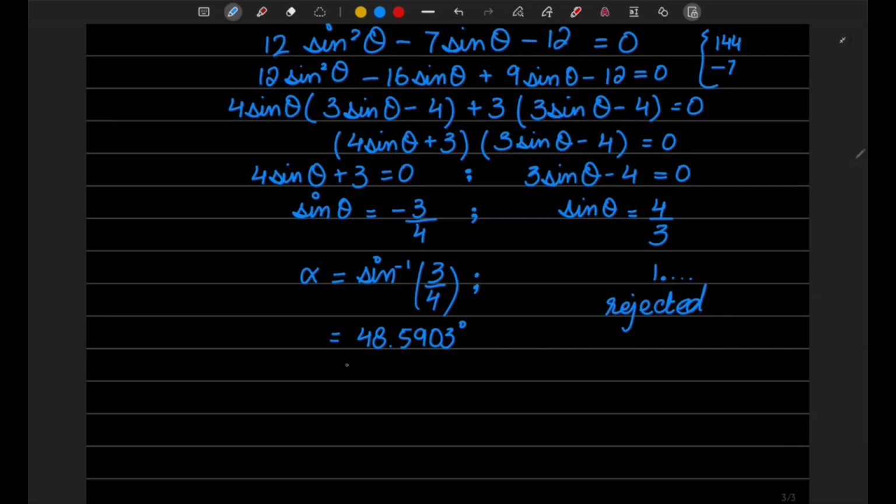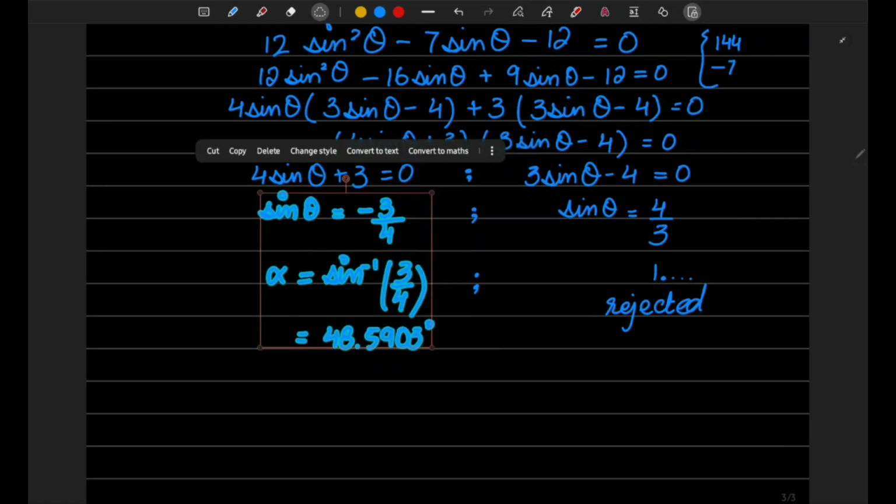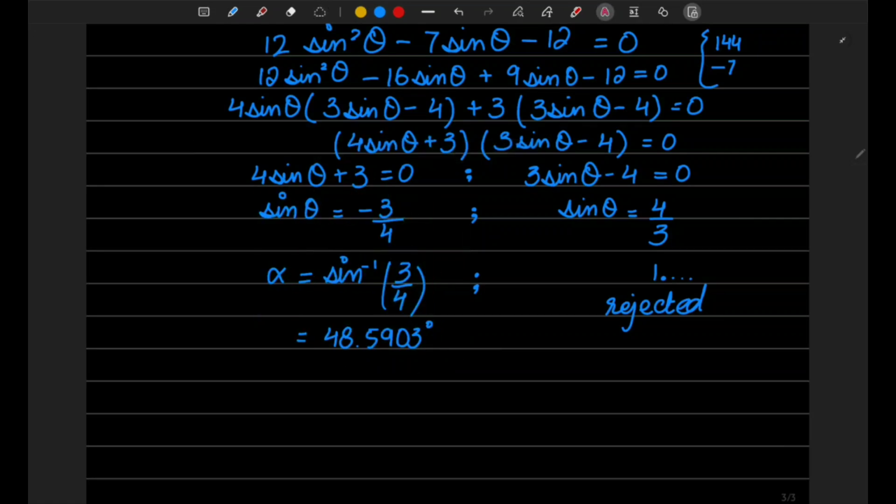Now this is your basic angle, but we actually need the angles. As we know, the sine was minus 3 over 4, this was minus 3.